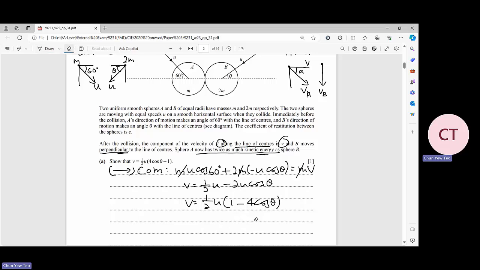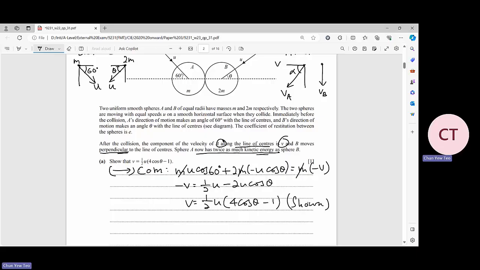So from here, I know my assumption was wrong, and I just need to change the diagram into this. That is the alpha, that is V. So when I solve this part, I am supposed to use a negative V. Therefore, V will be half u times (4 cos theta minus 1). Shown.